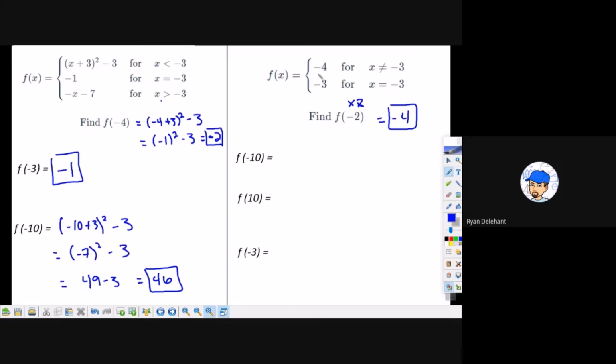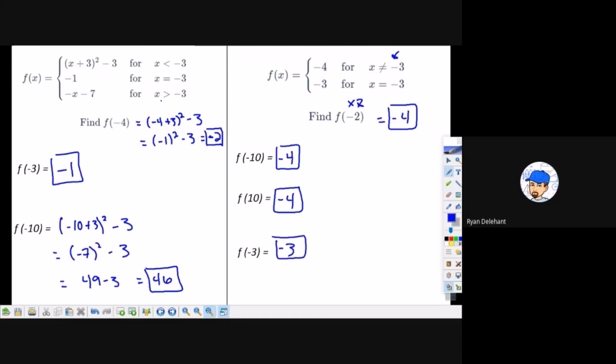Still no. So our answer is just -4 because it falls into the first equation's realm. 10 is still not -3. So that means it's the one that's not -3, and our answer is just -4. And finally, -3. Is -3 equal to -3? Yes, it is this time. So now our answer changes to -3.